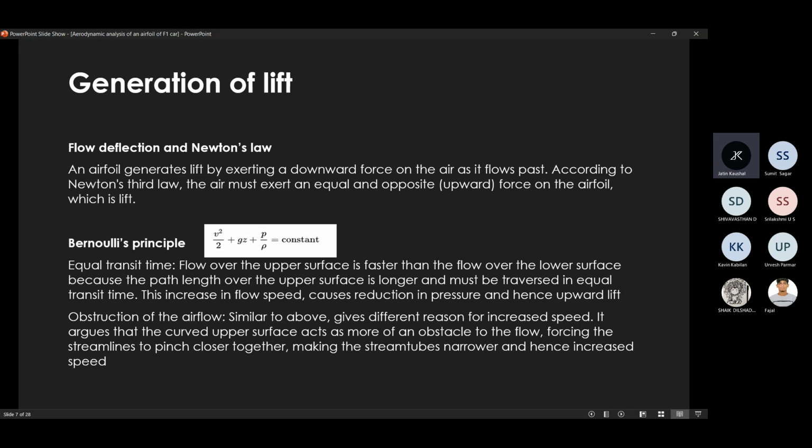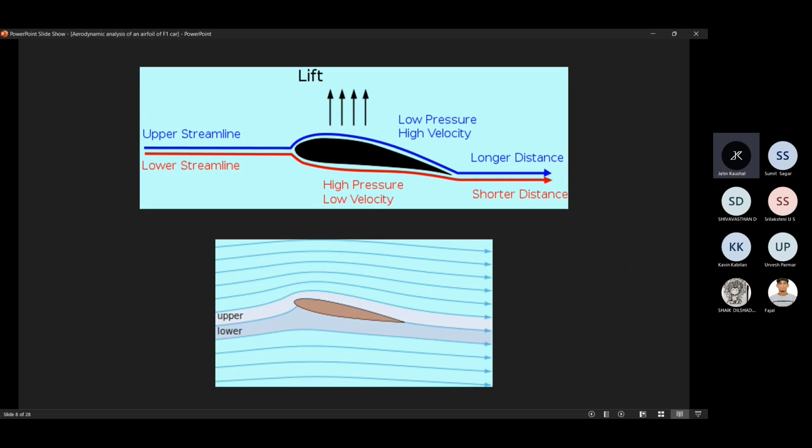Coming to Newton's law, and especially Newton's third law: an airfoil generates lift by exerting a downward force on the air as it flows past. According to Newton's third law, the air must exert an equal and opposite force on the airfoil, which is lift. Coming to this diagram, this is our body, the cross-sectional surface area of our body, and these are streamlines of the air.